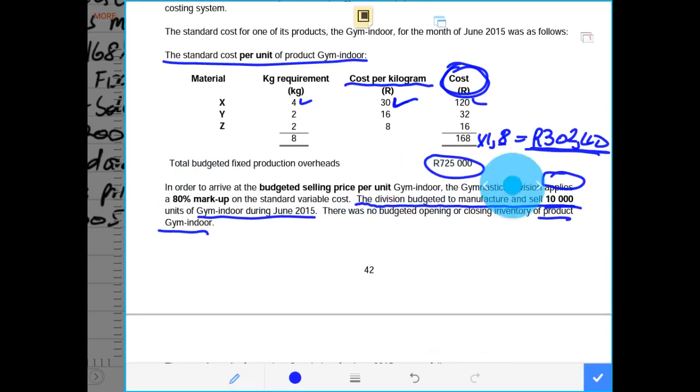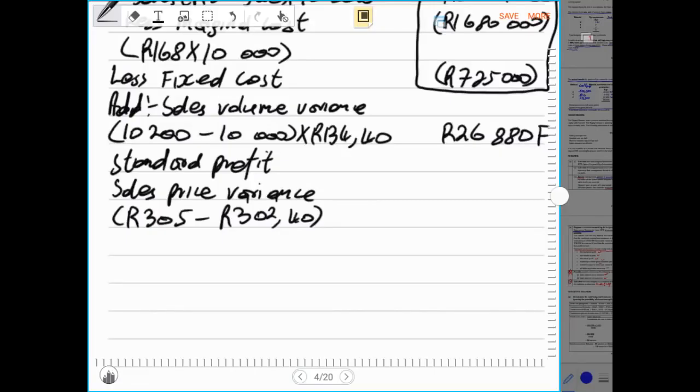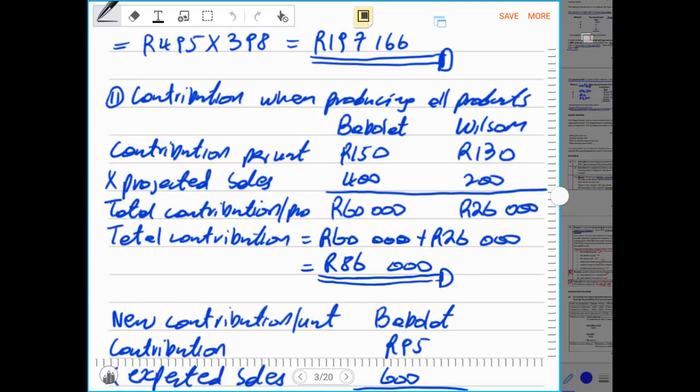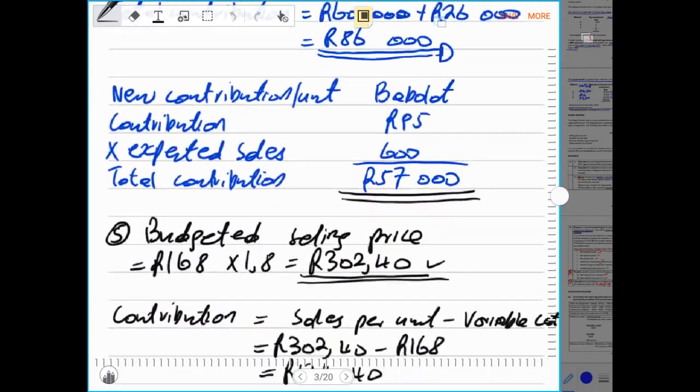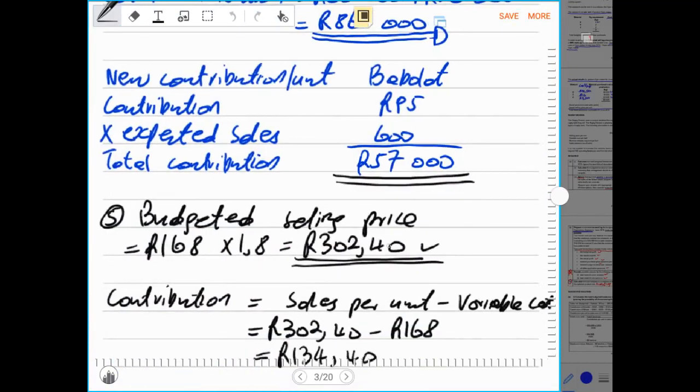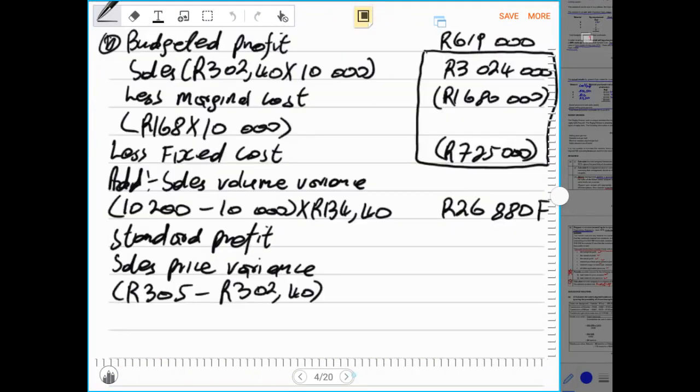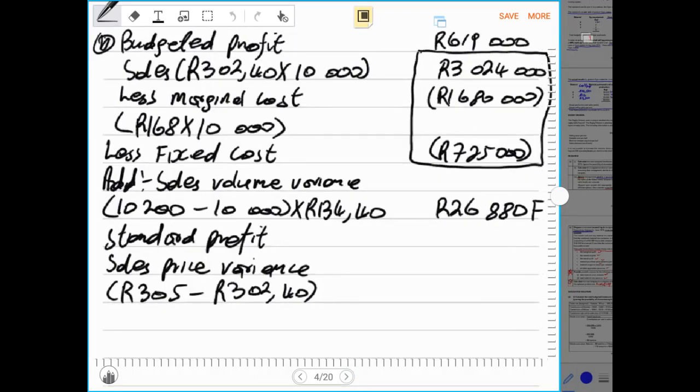Now you'll have to make a reference for that 302.40, because it was coming from another calculation which we have done under number 5. So you'll have to show the examiner that this is coming from working number 5. Times this by actual sales, which is 10,200.